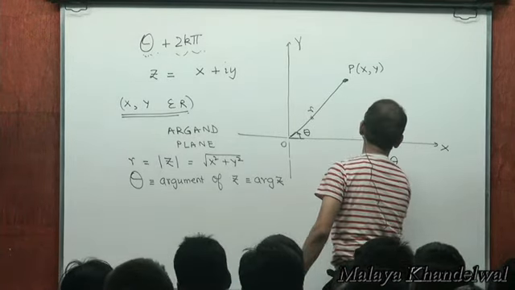Both have the same argument. So if the argument is the same, it doesn't mean that the two complex numbers are the same. For two complex numbers to be the same, not only should their arguments be the same, but so should their mod. See? P and Q are two complex numbers having the same argument, but are they equal? No, the modulus of P is this, the modulus of Q is this. They are different complex numbers, right?